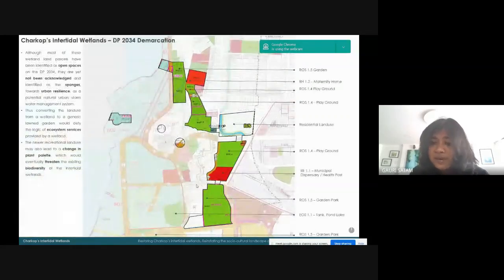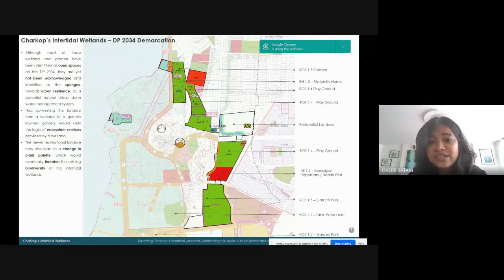Also, trying to understand what the future of these wetlands is, how have they been demarcated on the DP? These wetlands have been demarcated primarily as open spaces, but some of them have also been converted into residential land use. But these open spaces are again shown as gardens or playgrounds, very generic land uses, not acknowledging them as the sponges of this region.